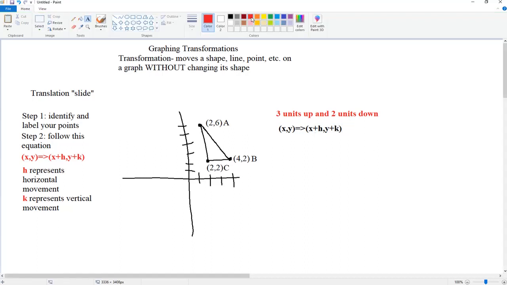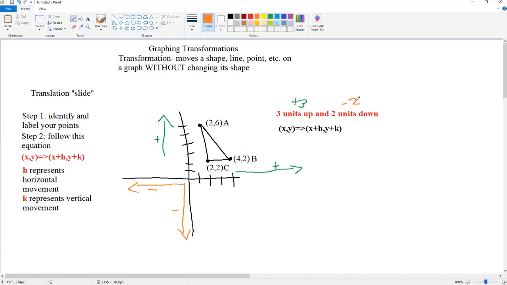One thing to remember, when you are graphing, the upwards direction and the rightwards direction, let me draw it over here, these are positive movements. But the downwards direction and the leftwards direction, these are negative movements. So when I'm saying 3 units up, I am doing a positive 3 movement. And when I say 2 units down, that is a negative 2 movement.